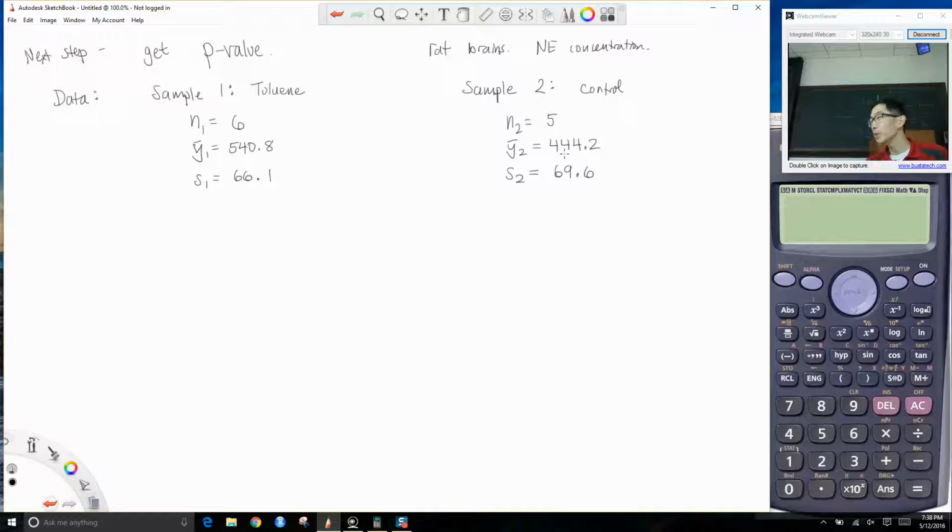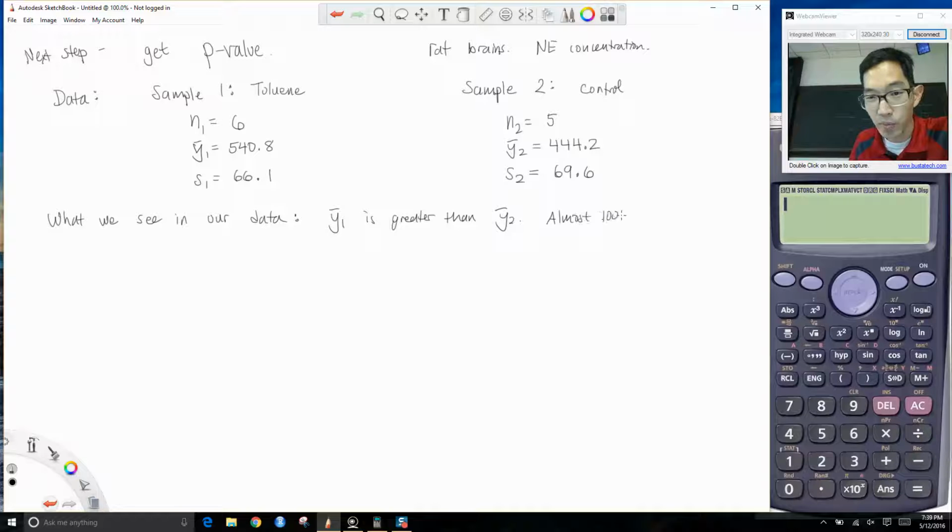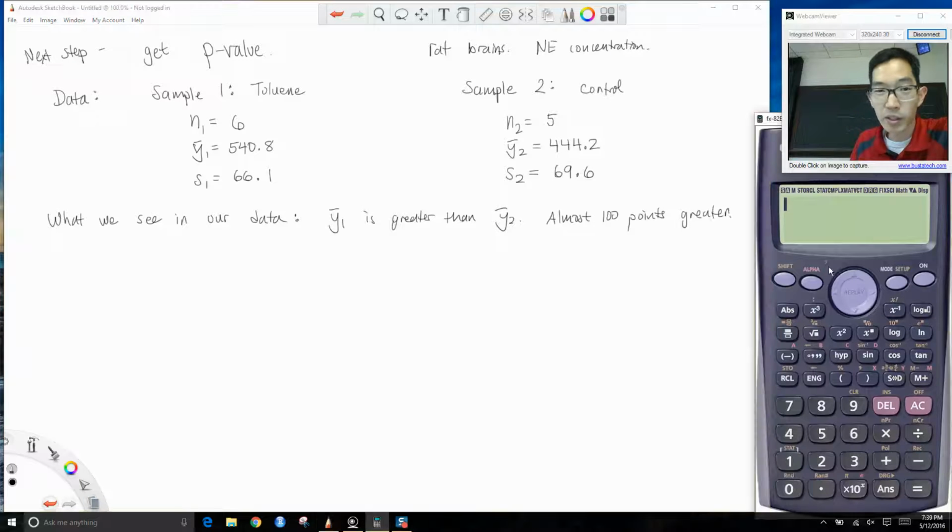It's almost 100 points higher. So what we see in our data is that y bar 1 is greater than y bar 2, almost 100 points greater. The true value is 540.8 minus 444.2, which gives 96.6 points higher.